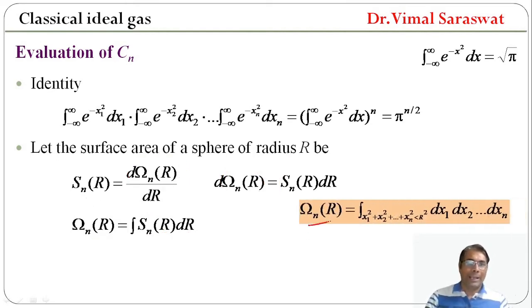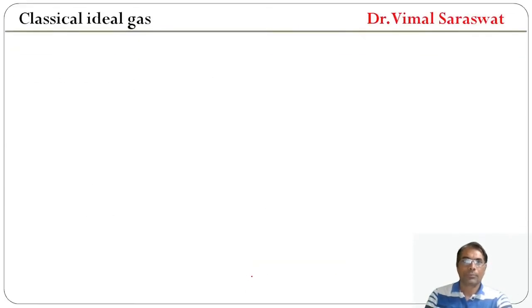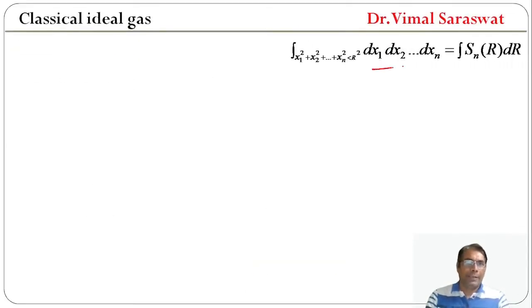Now omega n r is equal to integration over x1 square plus x2 square up to plus xn square less than r square of dx1 dx2 up to dxn. So we replace this and get integration over x1 square plus x2 square plus xn square less than r square of dx1 dx2 up to dxn equal to integration S n r dr. Now we get this equation.